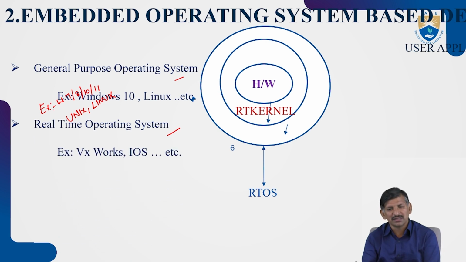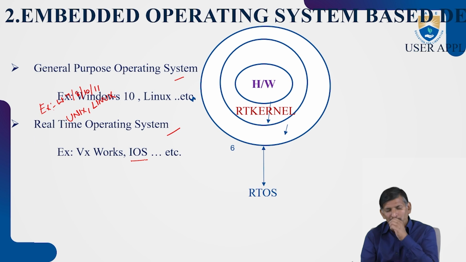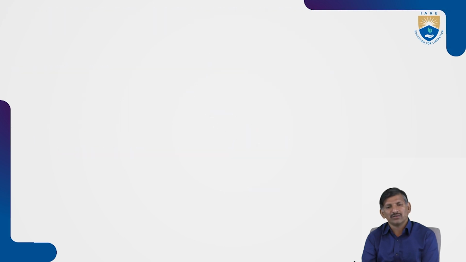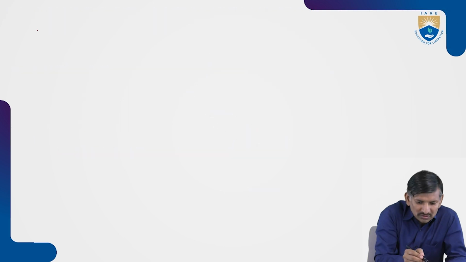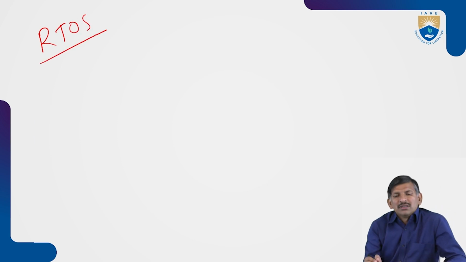Examples of real-time operating systems are VxWorks, or the iPhone operating system, or Android operating systems. We will check one by one. In a real-time operating system, we assign priority to each task and execute the tasks according to priority and make the system convenient to use.